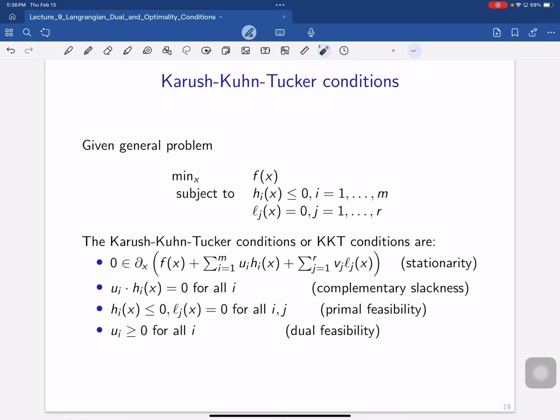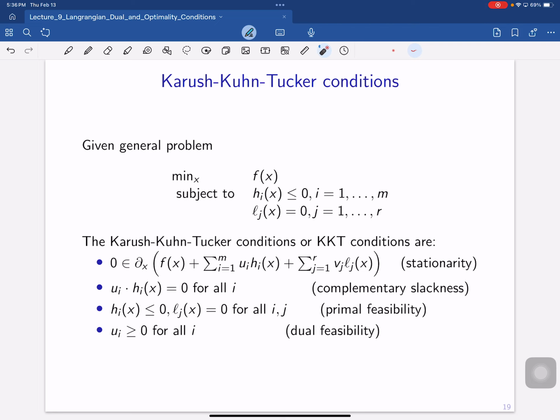Then the next condition is relatively easy to interpret. It says the gradient with respect to x of the Lagrangian function must be equal to 0. That means the x you got must be minimizing the Lagrangian function.